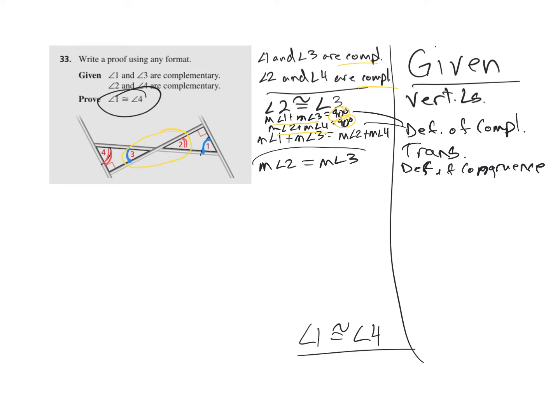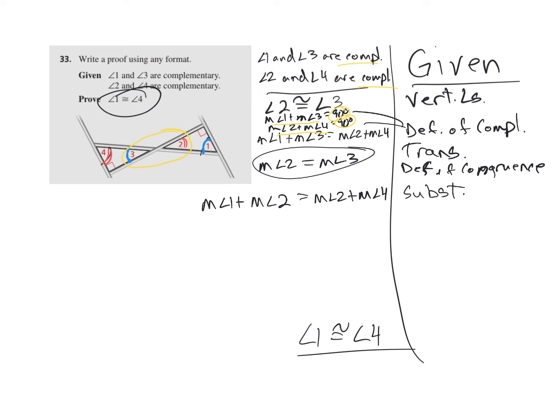So now we can substitute these things in. So let's write this a little bit bigger here. The measure of angle 1 plus the measure of angle 2 is equal to the measure of angle 2 plus the measure of angle 4. That's the substitution property. I substituted angle 2 for angle 3.